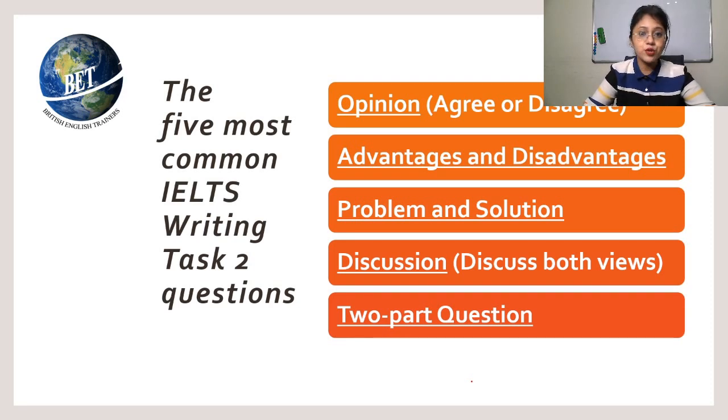Now, it's very important to understand here that agree or disagree is not the only opinion essay that we write. We also write the opinion in regard to the advantages and disadvantages. You could get a question like, what are the advantages and disadvantages of watching television for kids, and also give your opinion. So right there, you've got an opinion essay too. You write the advantages and disadvantages and also give your opinion.